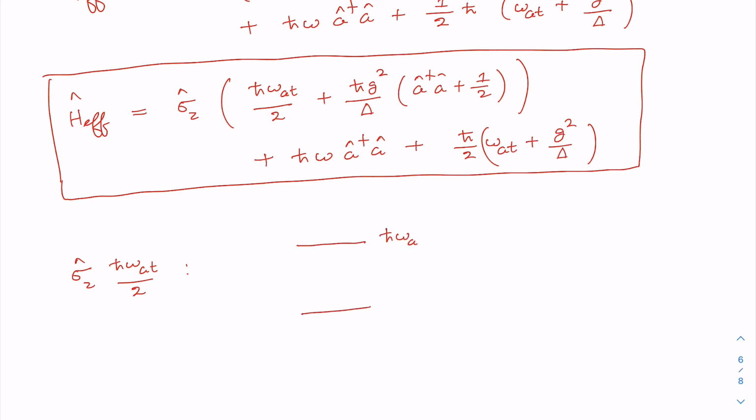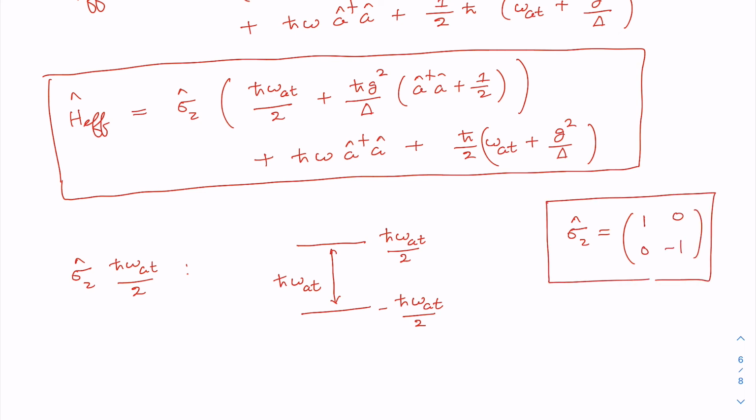The excited one is h cross omega atom by 2 and the ground one is minus h cross omega atom by 2, and they are separated by a frequency omega atom, or energy difference h cross omega atom. In fact, you know that sigma z, the matrix form, is 1 0 0 minus 1. So this clearly shows the significance of this particular term.